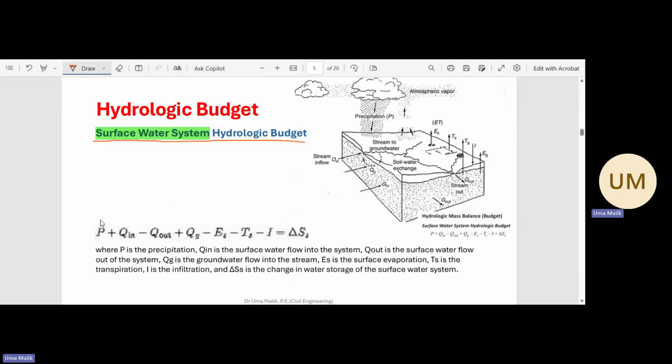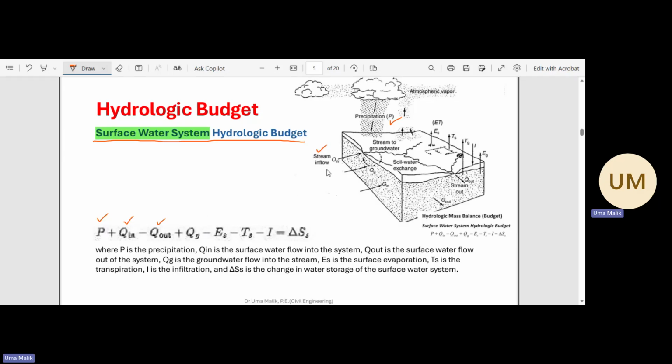We will be reading this equation plus the diagram. We have the precipitation P falling on the ground. We have the inflow Q in, which is surface flow into the system, which can be a stream, and Q out will be surface flow out of the system.